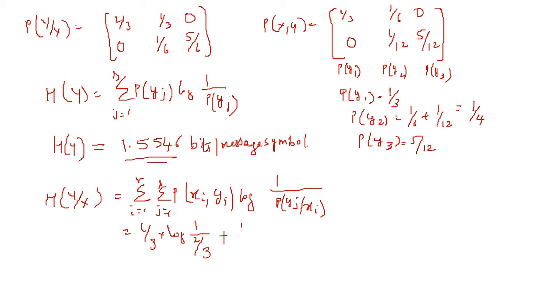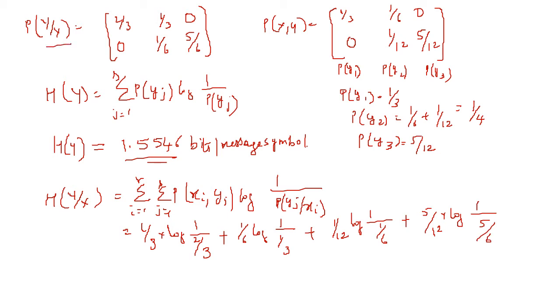The next element will be 1 by 6 into log of 1 by 3, plus 1 by 12 into log of 1 by 6, plus 5 by 12 into log of 1 by 5 by 6. So for the log function, we take the channel matrix element, and for P of xi comma yj, we take the joint probability matrix element.